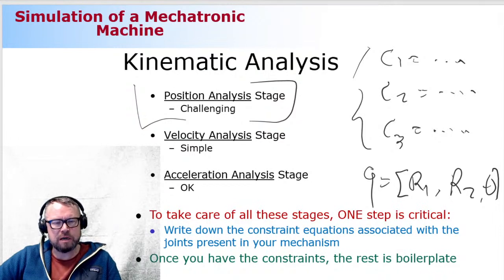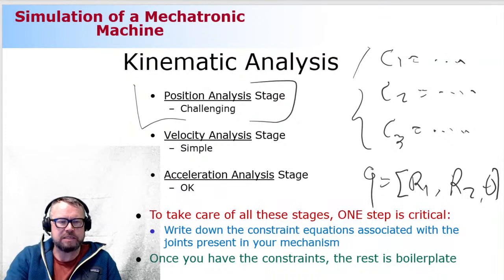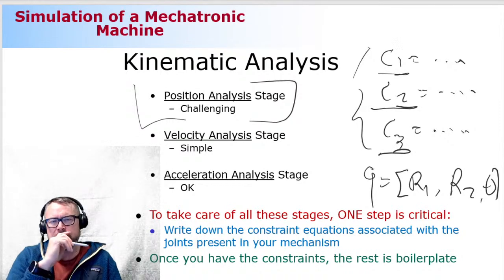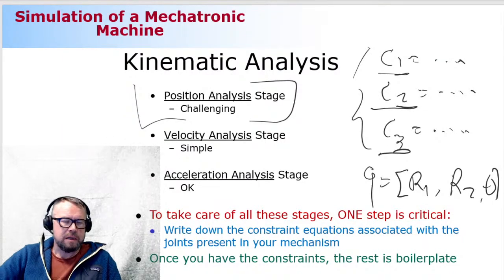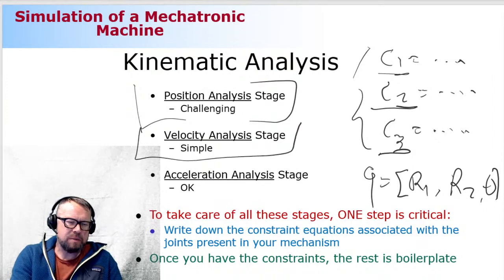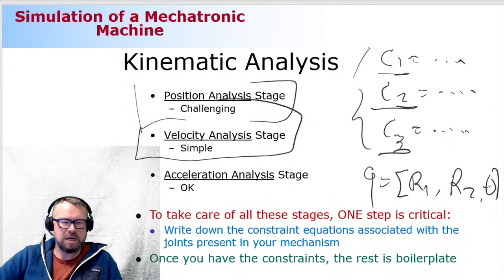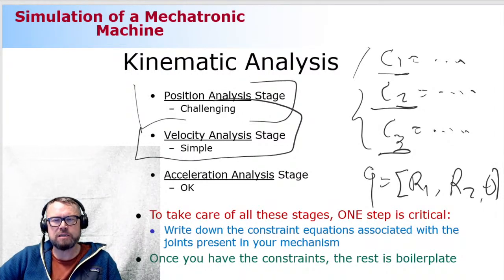And the unknowns are not explicitly expressed, but are hidden inside these equations, because the constraints are functions of generalized coordinates. That's what makes it a little bit challenging. So we're going to use an iterative process to solve it. Then the velocity analysis is going to be simple. It's very simple. It's a matter of substitution, not difficult at all.